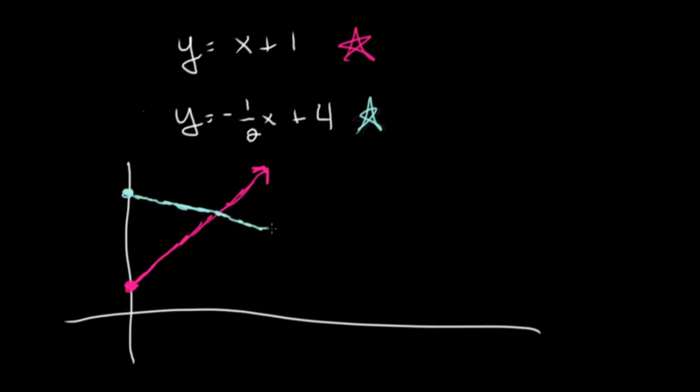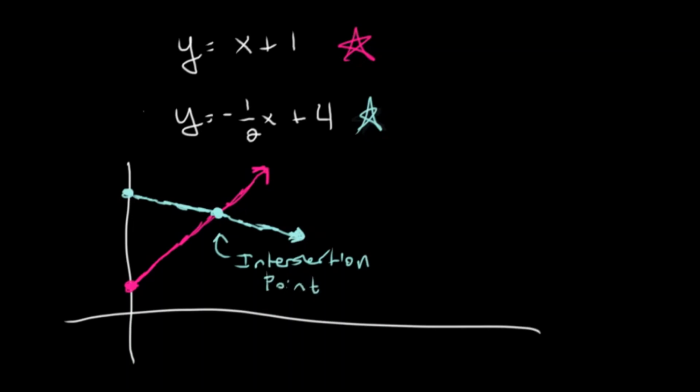And where is the solution to this system of equations? It is where they intersect. So intersection points are solutions to a system of equations. That's the point we care about.